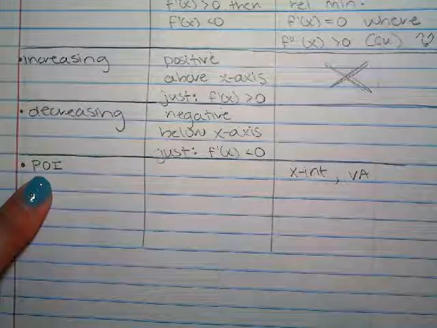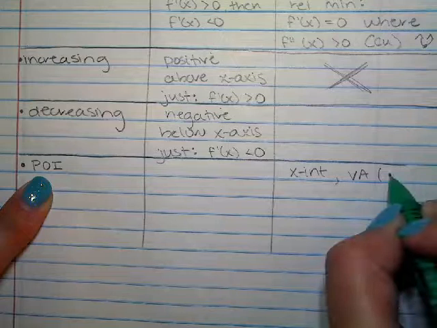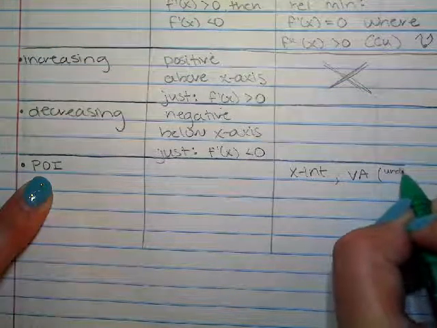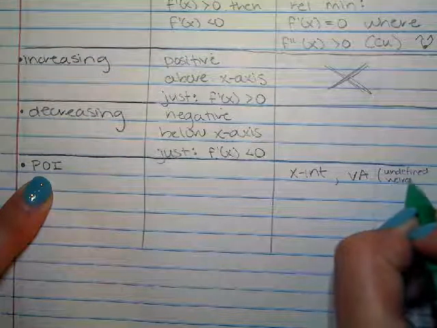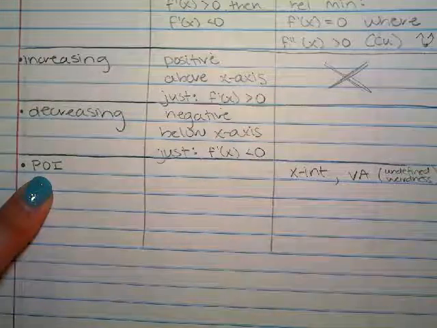So I'm going to write maybe, undefined weirdness. Is that good? And let's go back up to VA. Let's go back up here and write that up here as well. Undefined weirdness.